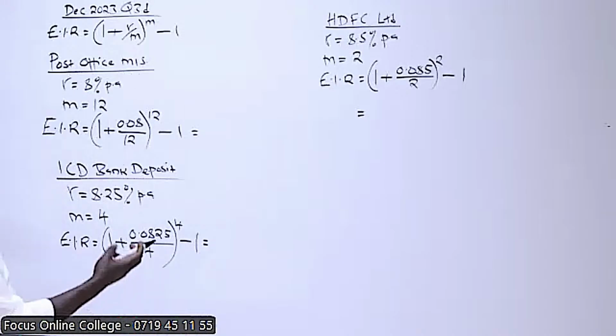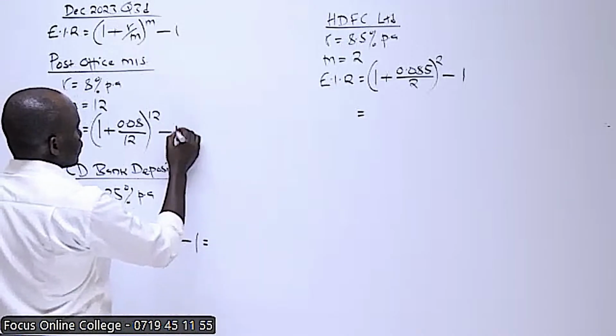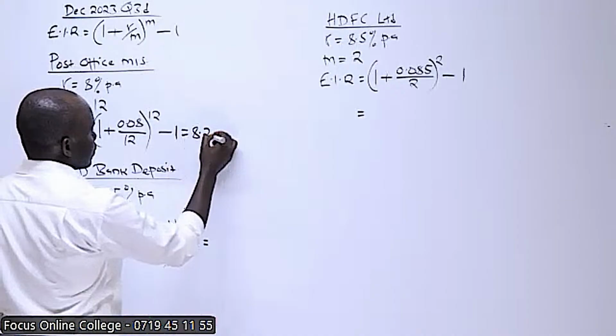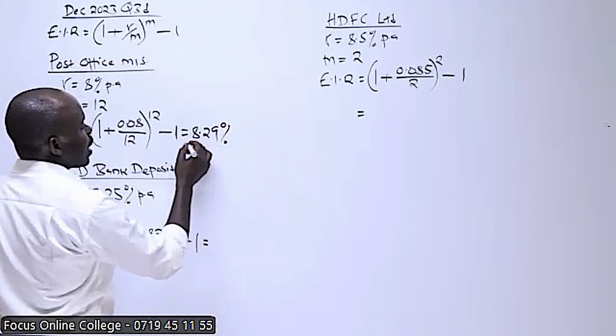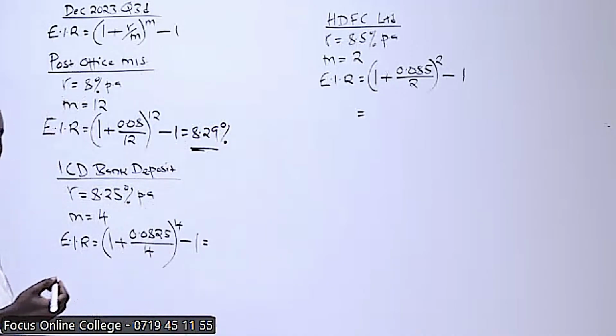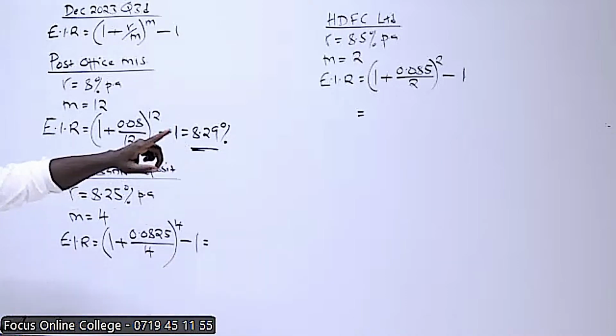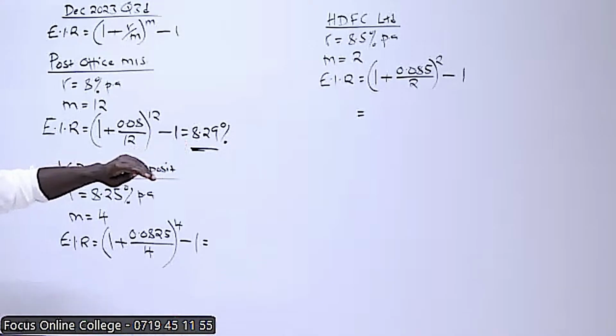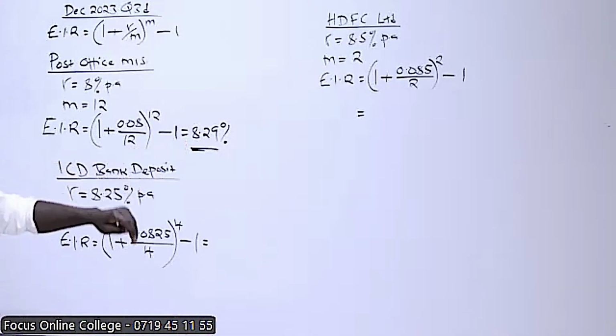8.29%. Whatever answer you are getting, multiply by 100 to get it in percentage. So for this one, 8.29, 8.3 is okay. Otito, yours is for which one?